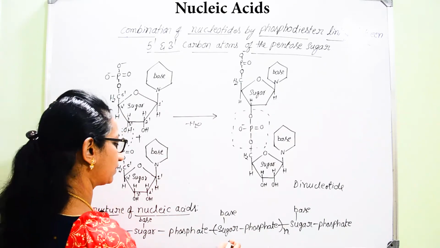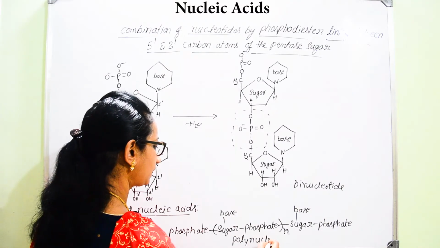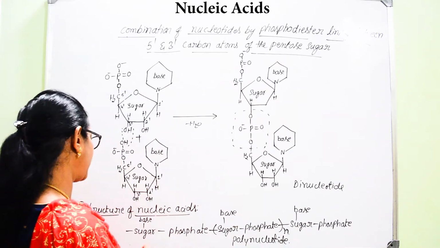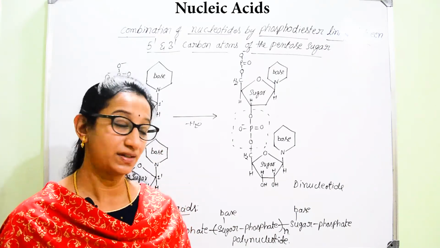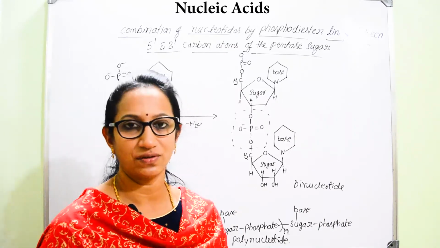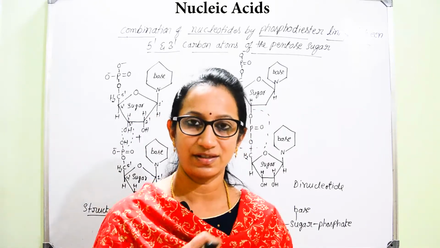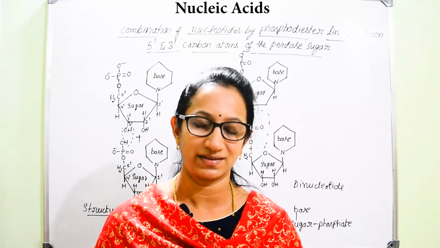So this is nothing but a polynucleotide, the structural sequence of which is nothing but nucleic acids. Got it? So that is regarding the formation of nucleoside and nucleotide, and finally we got the information regarding the formation of polynucleotides.